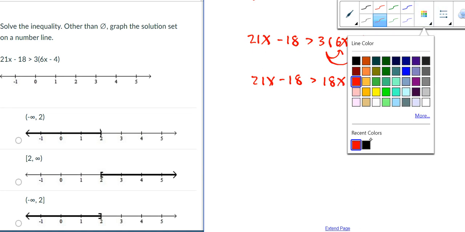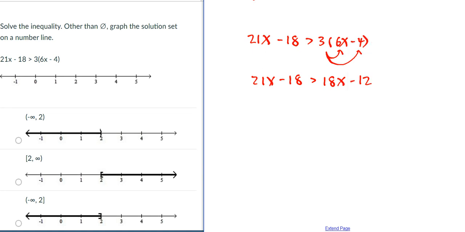We wanted to multiply it out. What is the target? To isolate x. Okay, that's the thing we're going to do. So here we subtract 18x.